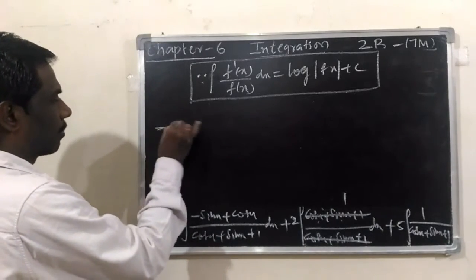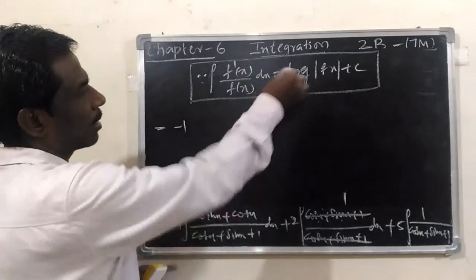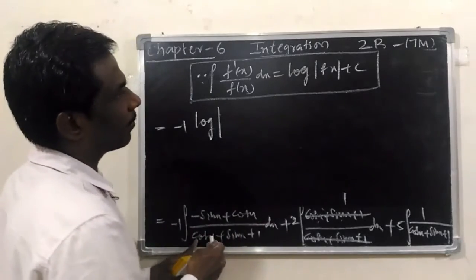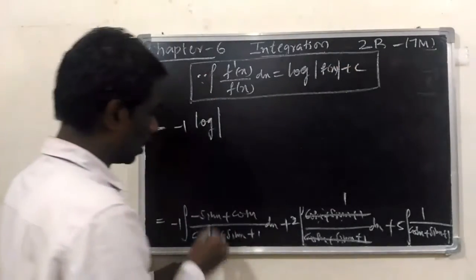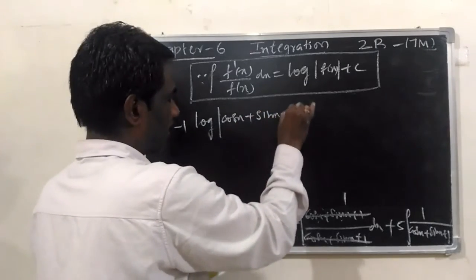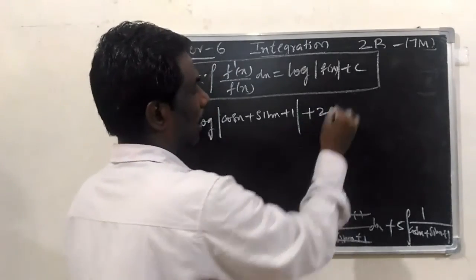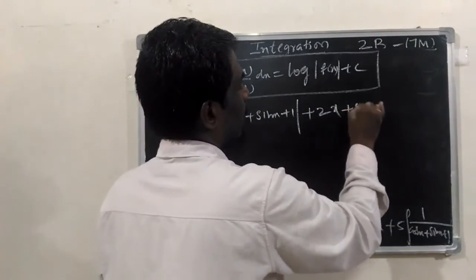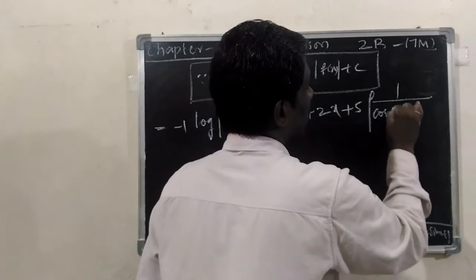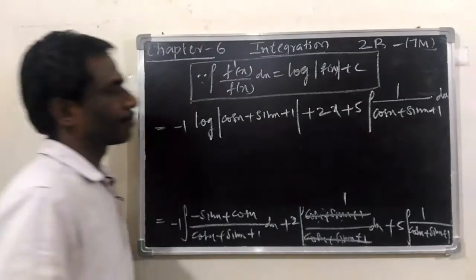Now I am writing minus 1 as it is. So in this first part we can write the log mod of f of x. What is f of x? This denominator, cos x plus sin x plus 1, and plus 2 integral 1 is x, plus 5 into integral 1 by cos x plus sin x plus 1 dx.